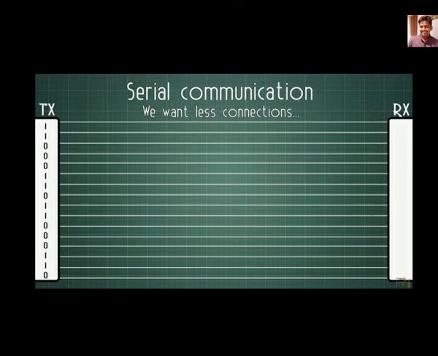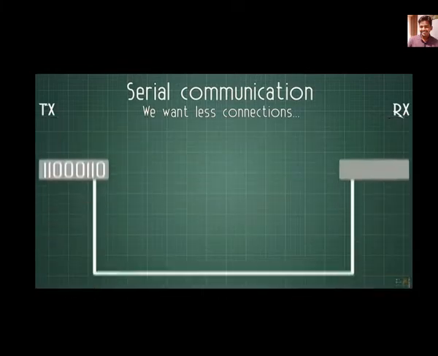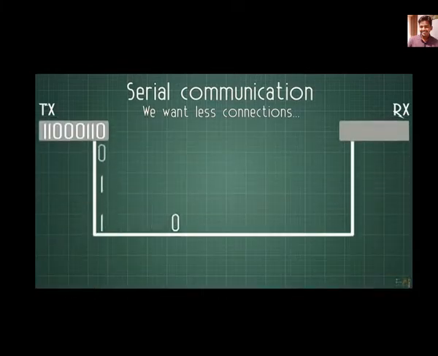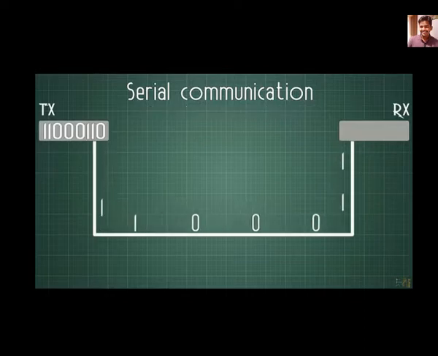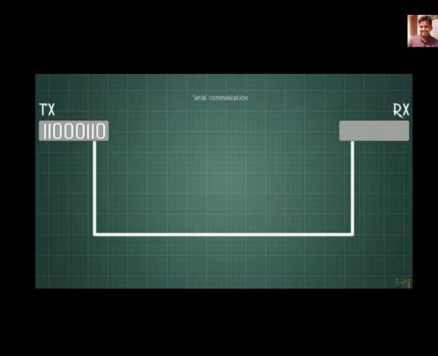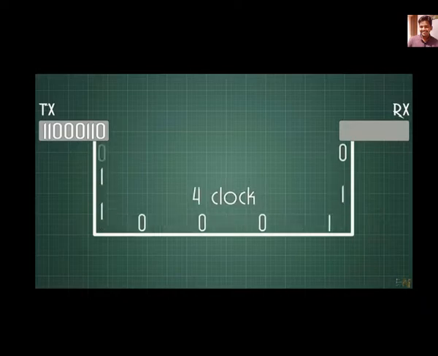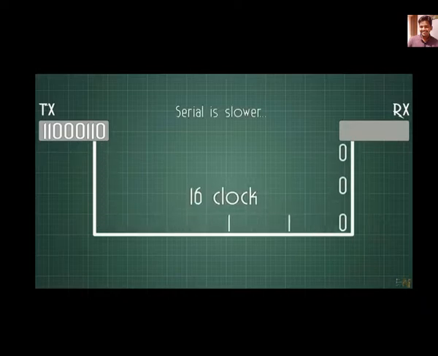So instead of sending the data each bit at the same time, what we will do is to place the bits in series, and then we send each one after the other using just one cable. But you could already see the downside of this type of communication. If we send 16 bits in parallel, we need only one clock pulse to send all the data. If we send the same data using serial communication, we will need 16 clock pulses to send the same amount of data, so this will be 16 times slower.